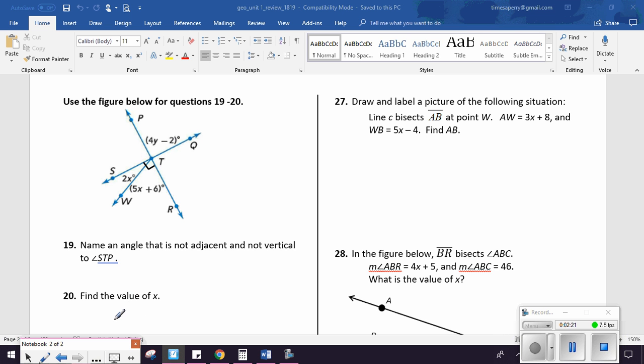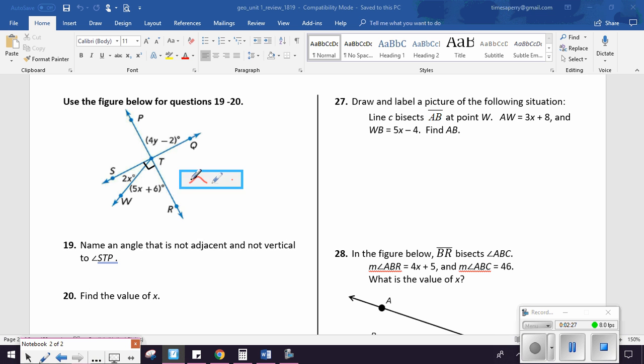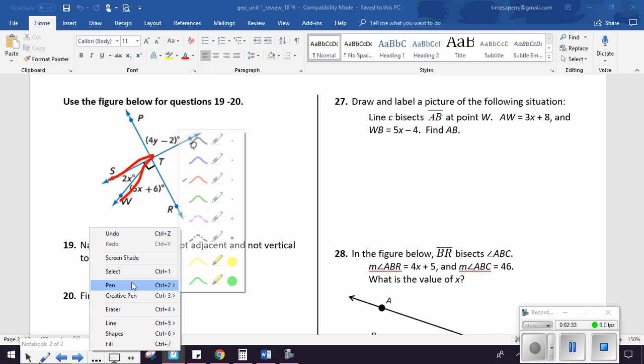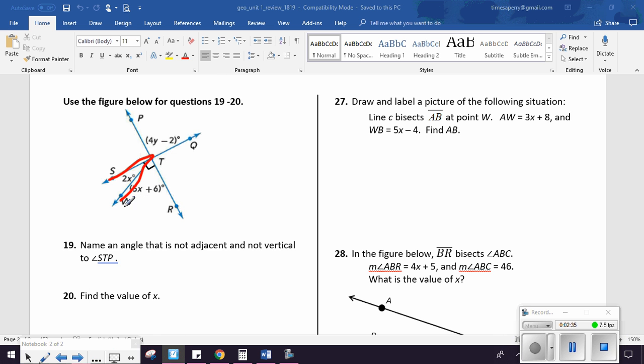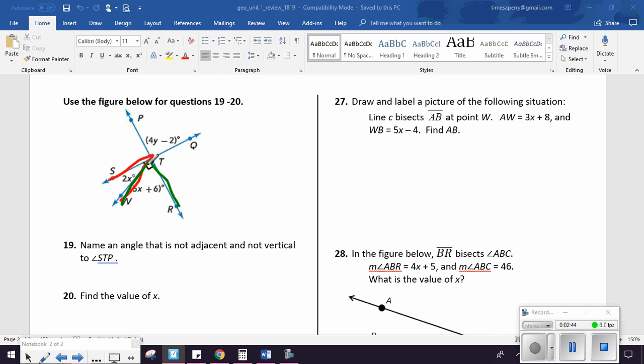Number 20 would like for us to find the value of x. Both STW and WTR involve x, and together, those two make up STR, which is a 90-degree angle.